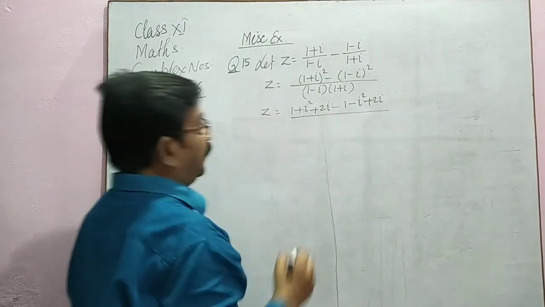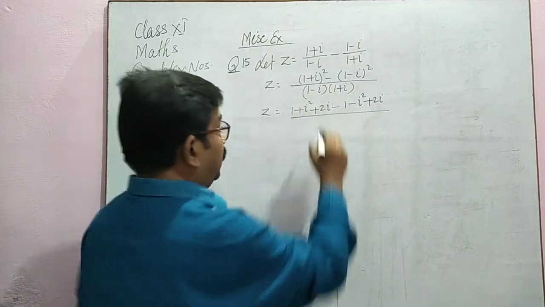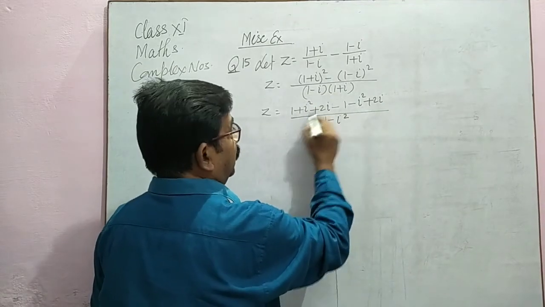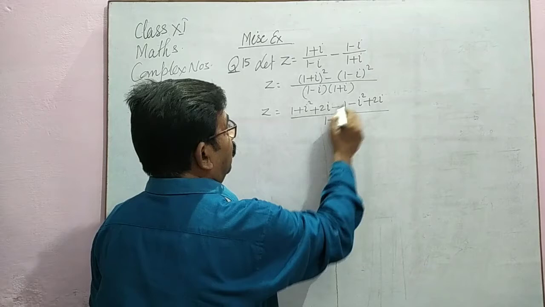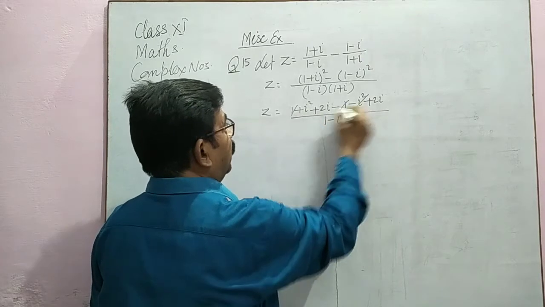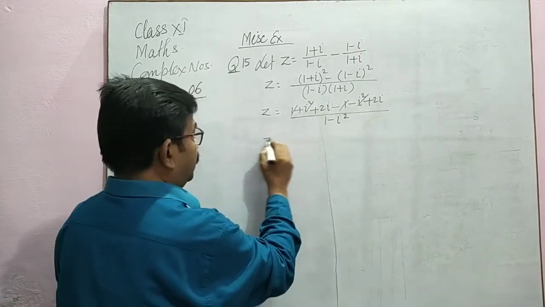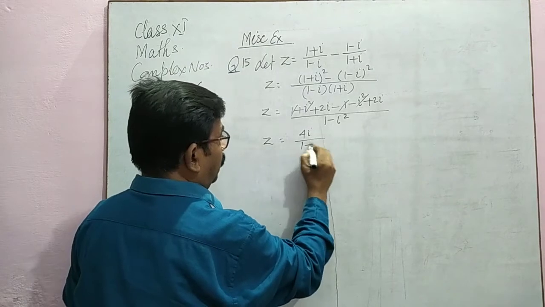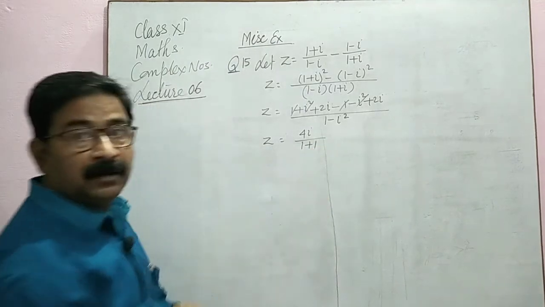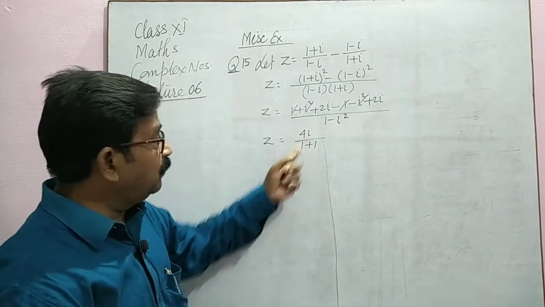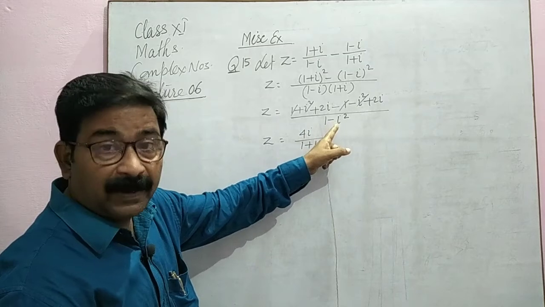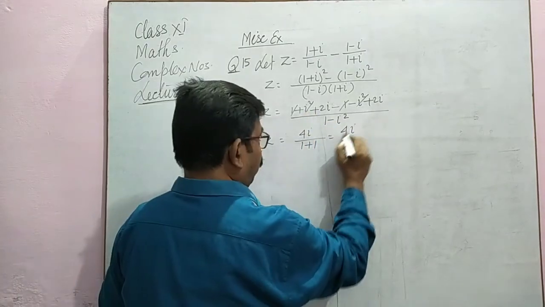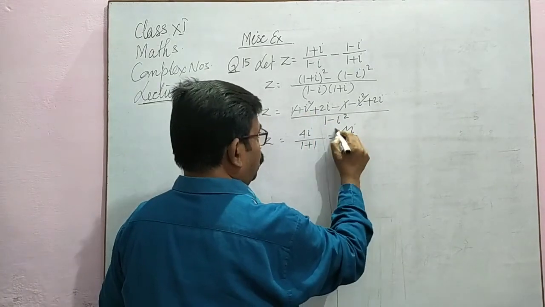In the denominator we have (a minus b) and (a plus b), so we have 1 minus i square. See, 1 and 1 will go, i square and i square will go. We have z is equal to 4i upon 1 plus 1. Got it? See, 1 plus 1, because this is minus i square and i square is equal to minus 1.